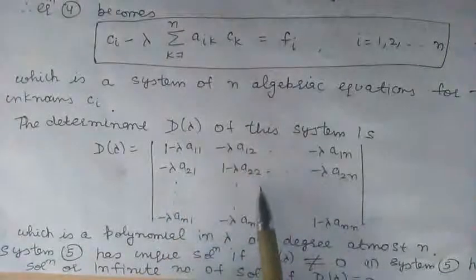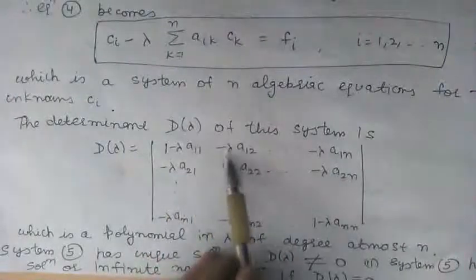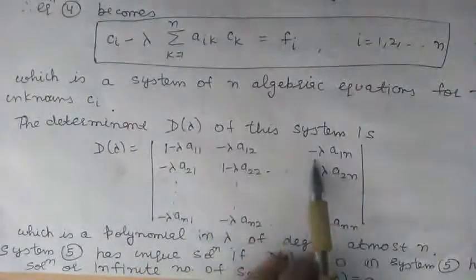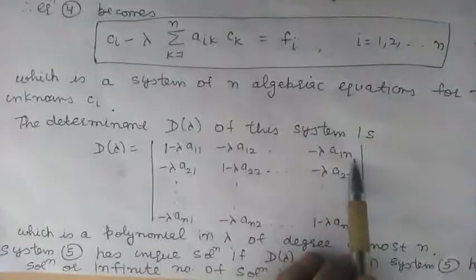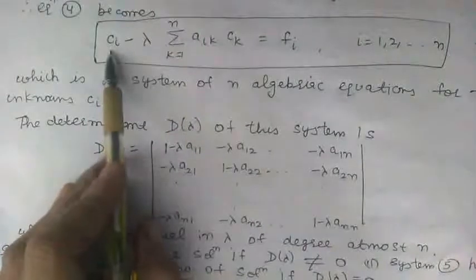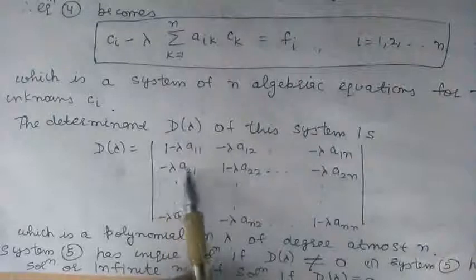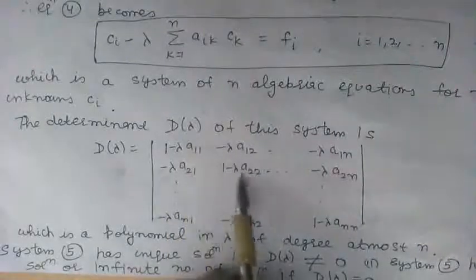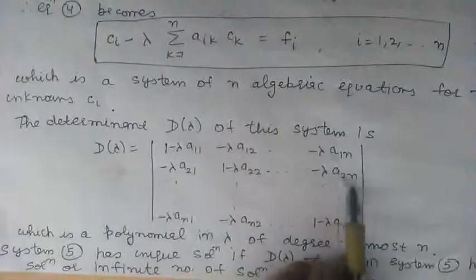If we take i = 1 in this equation and take the coefficients of c1, c2, c3, cn from there, they are 1 minus lambda a11, minus lambda a12 and so on, and the last coefficient is minus lambda a1n. If we take i = 2 here, we get the coefficients of c1, c2, c3 up to cn, which are minus lambda a21, 1 minus lambda a22, and the last coefficient is minus lambda a2n.